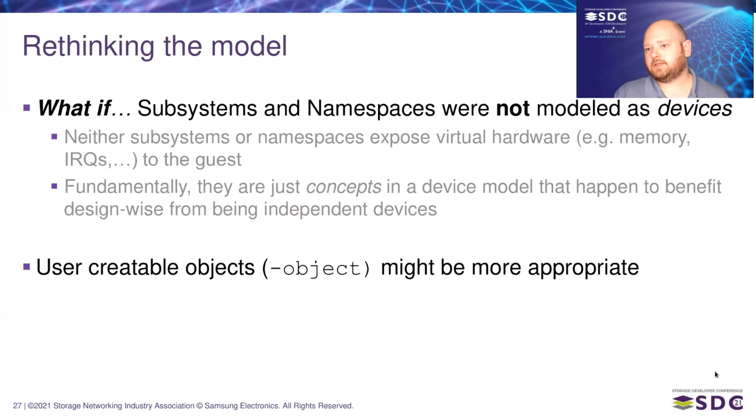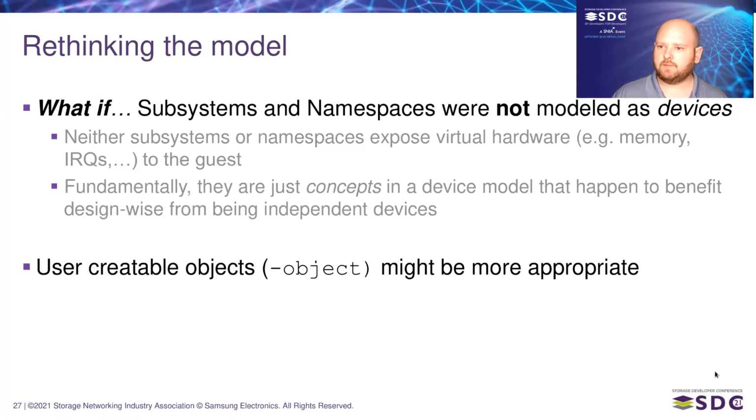But the real fix here might be to rethink this model, because something is wrong. What if subsystem namespaces were not modeled as devices? QEMU offers something else, which is called user creatable objects. The point here is that the namespaces in the subsystem are not really devices. They don't expose virtual hardware, memory, or interrupts, or anything like that.